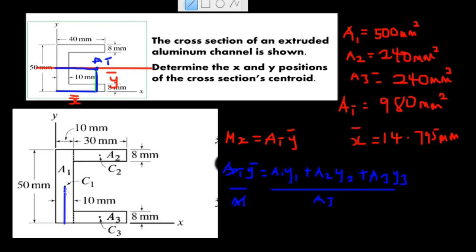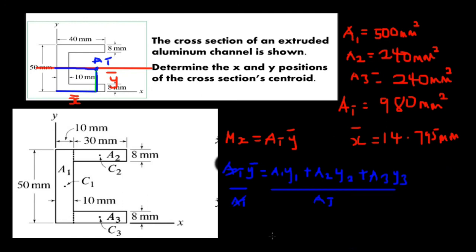The y1. You see that it is half of this 50 here. You know that the total length here is 50, and half of it is 25. So my y1 will be 25. I'm going to multiply area 1 by y1. You know area 1 is 500 and y1 is 25, so that will be 500 multiplied by 25.